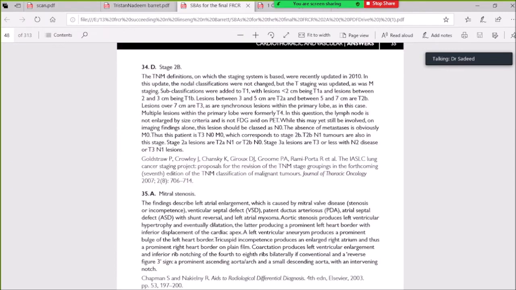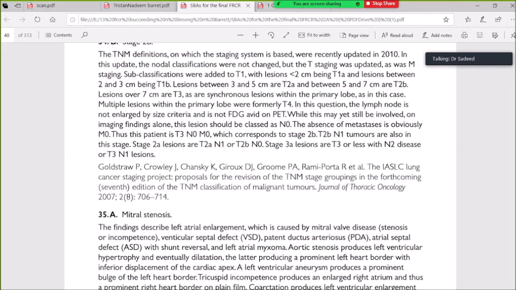TNM staging: subclassification added to T1, with lesions of less than 2 cm being T1A and lesions between 2 and 3 cm being T1B, lesions between 3 and 5 cm T2A and between 5 and 7 cm T2B. Lesions over 7 cm are T3. The absence of metastasis is obvious, thus the patient is T3 N0 M0, which corresponds to stage 2B.